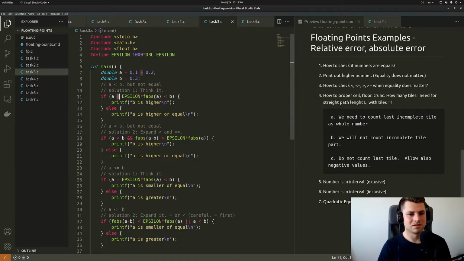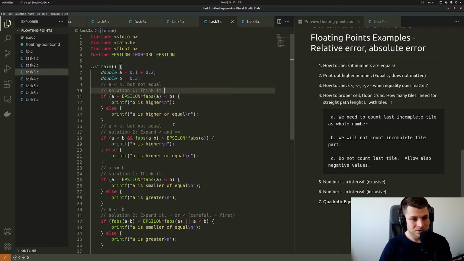The way to think about this is that we have the operator smaller than, and basically our condition is happy when a is smaller than b. If we add something on this side, we are making it harder for the condition to proceed, which is like preventing equality here. So this is how we can view it, the mind process.